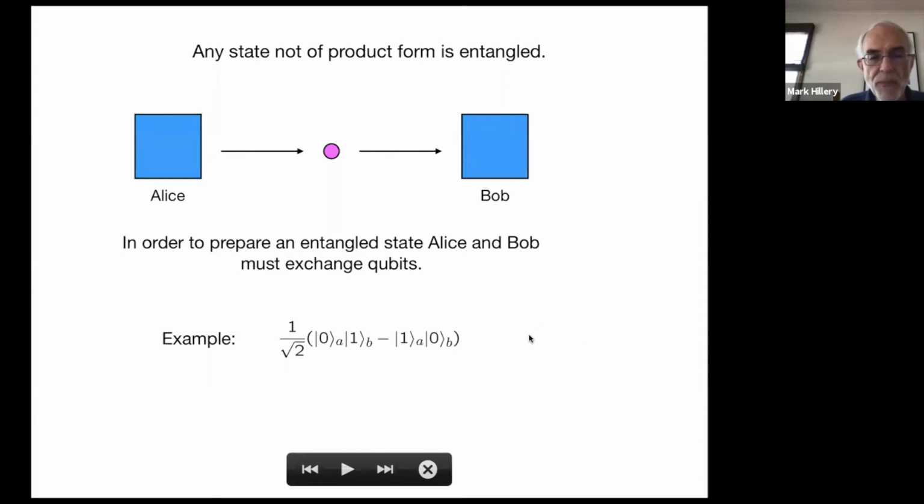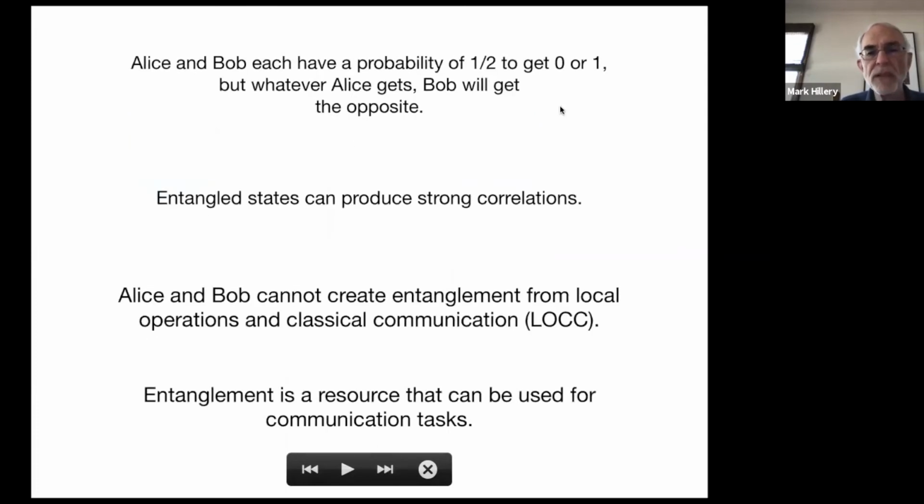A standard example of an entangled state is the one shown here, a singlet state for 2 qubits. If Alice and Bob were to measure this, it would work in the following way. They each have a probability of getting 0 or 1, but whatever Alice gets, Bob will get the opposite. So there are strong correlations between the measurement results.